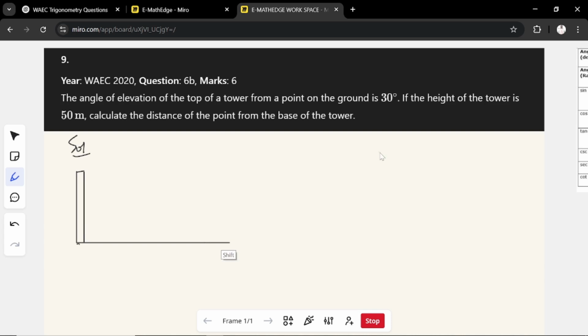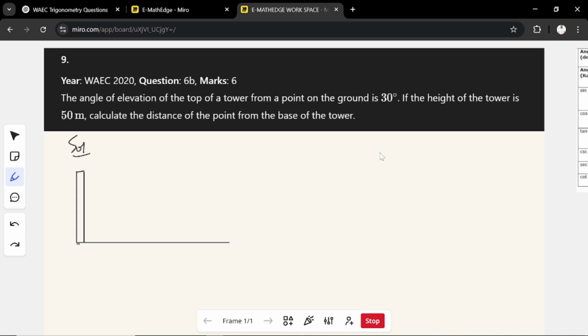Then the horizontal line, which is the ground. Mind you, the angle of elevation of the top of a tower from a point on the ground, that means there is a horizontal line, which is this, that forms the ground.